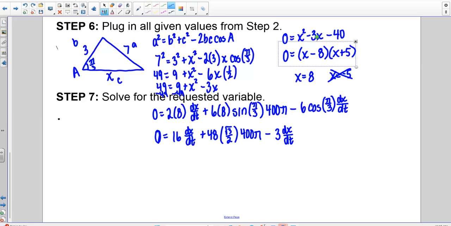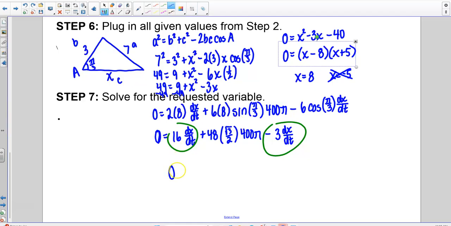Now, we could do all of this without a calculator, but I'm not going to make us. We're going to put these two things right here together.